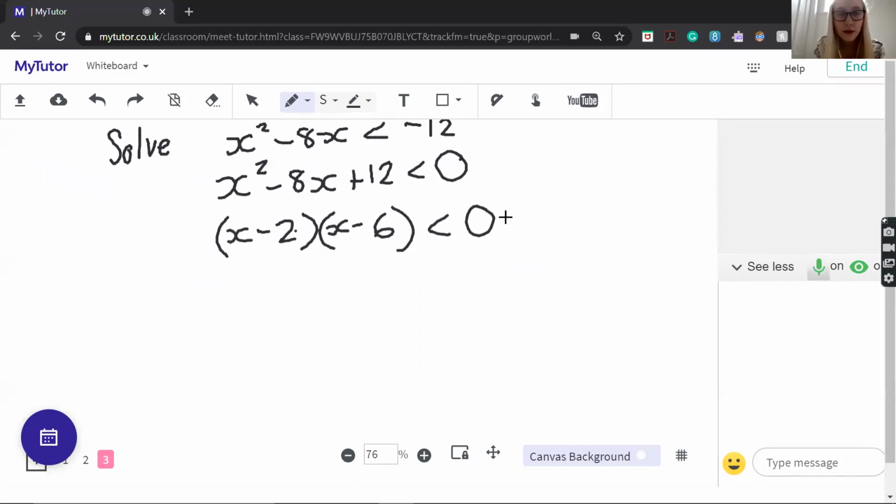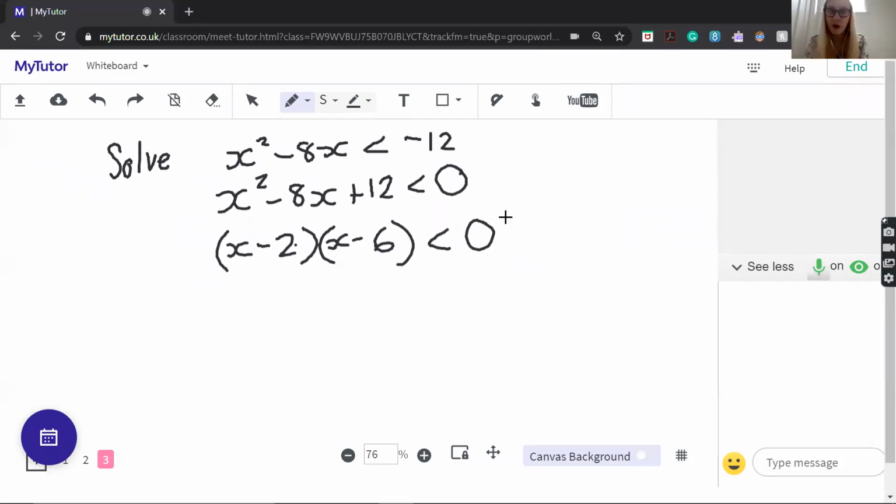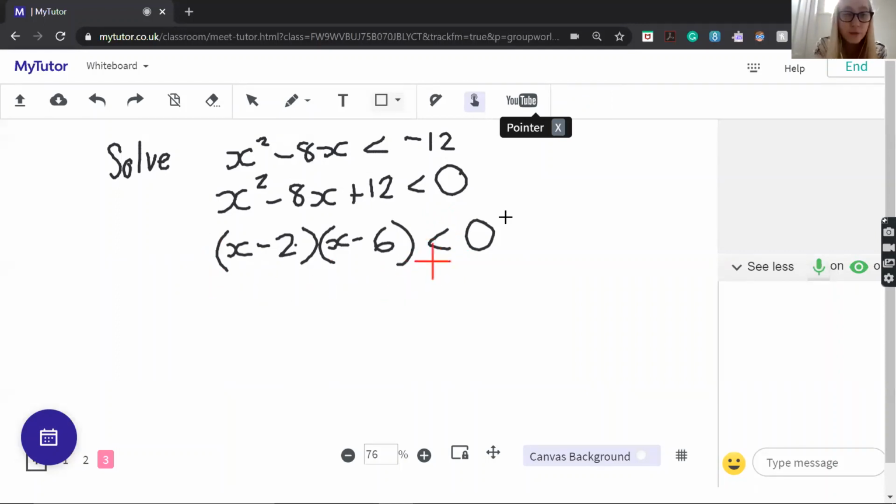Okay, so we haven't done much special so far. We've just rearranged and factorised. What we're going to do now is find what are called the critical values, which I was speaking about yesterday. These are the values where we pretend that this is an equals, so the values where this equals 0.